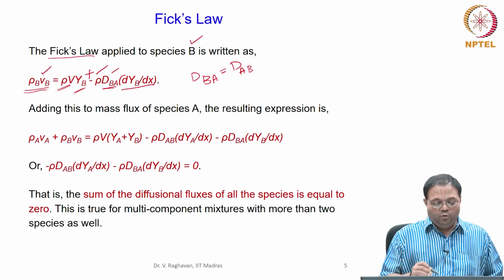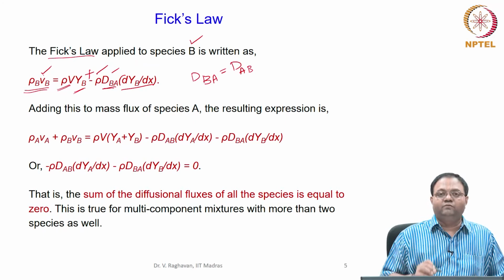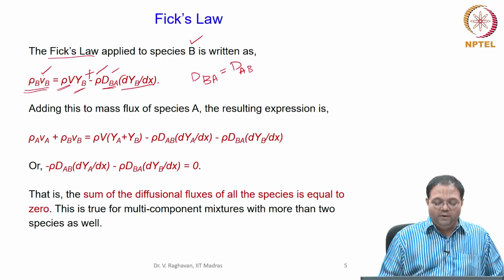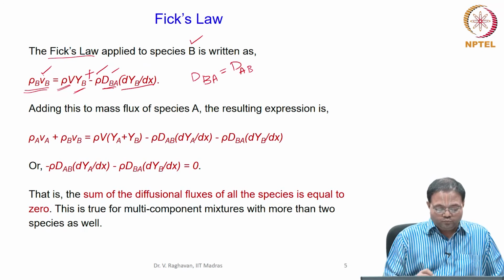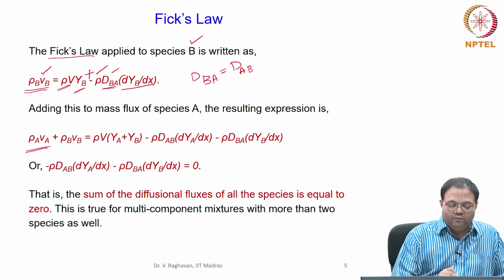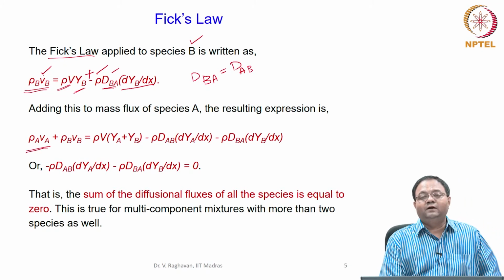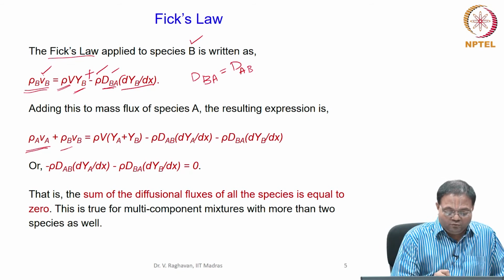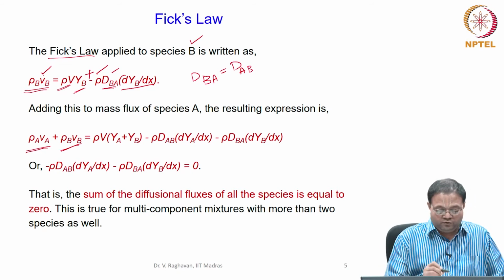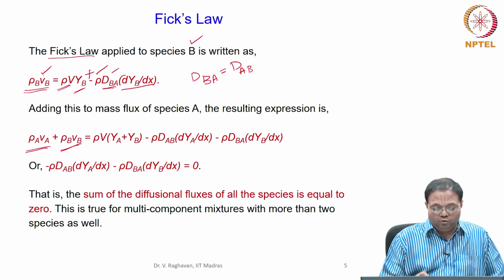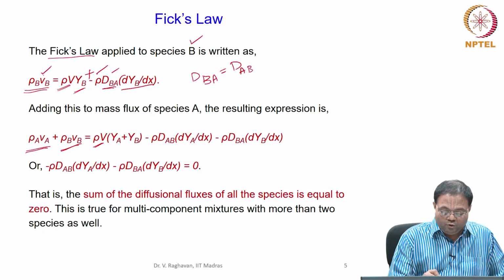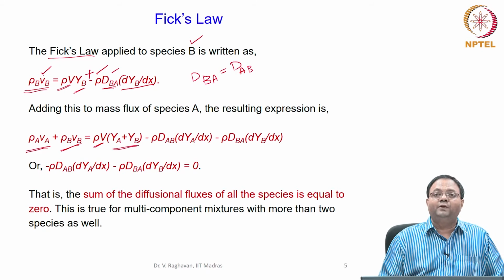Okay. So now you have a similar equation for A and this is the equation for B, add these two. The left hand side will be rho A VA, the net mass flux of A, plus rho B VB, the net mass flux of B, and that will be equal to rho V times (Ya plus Yb).